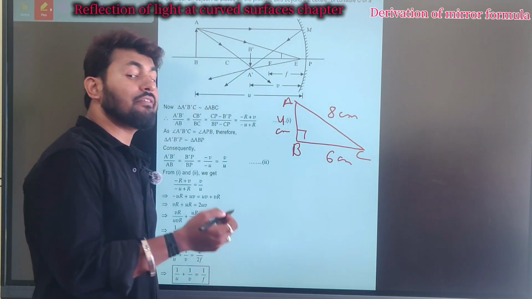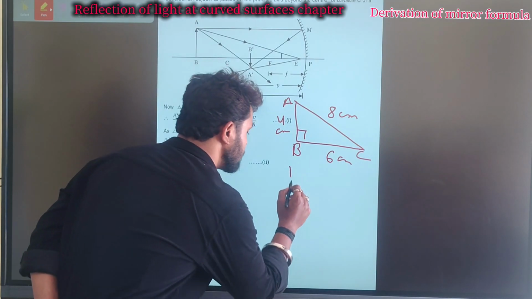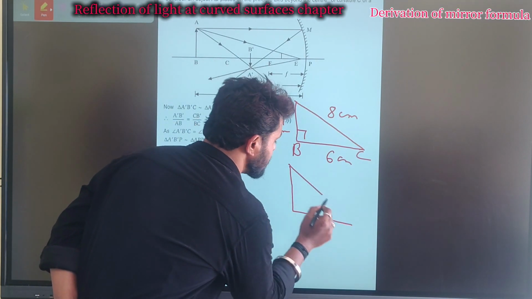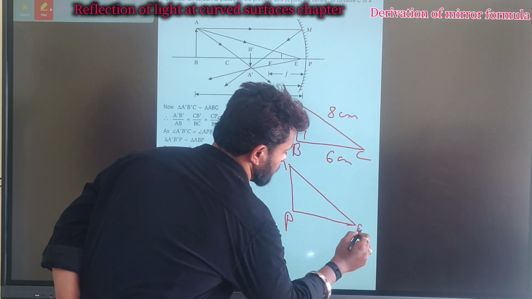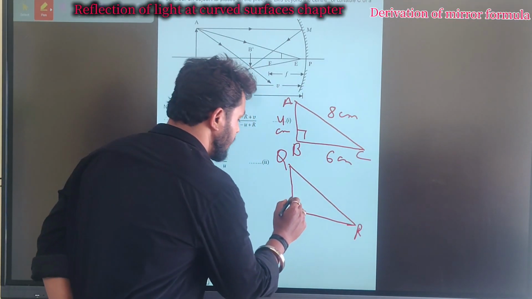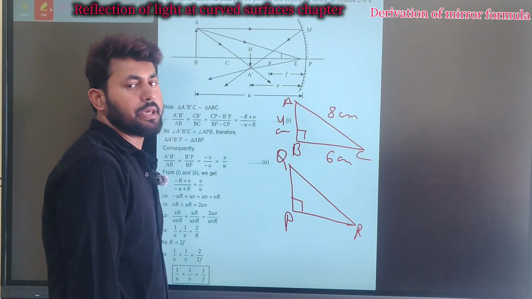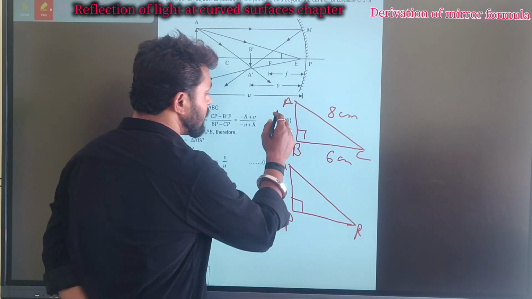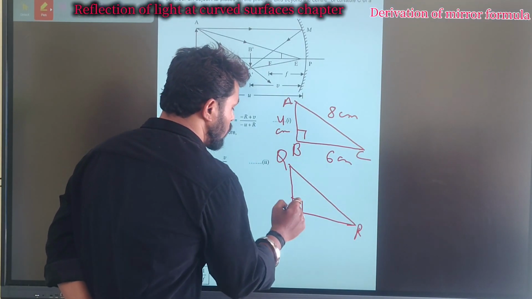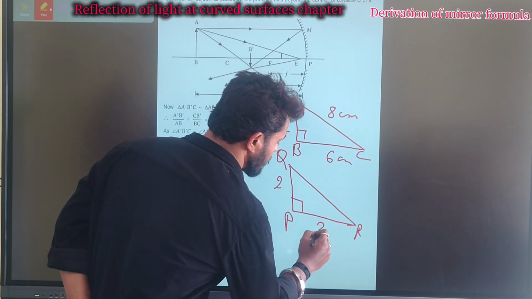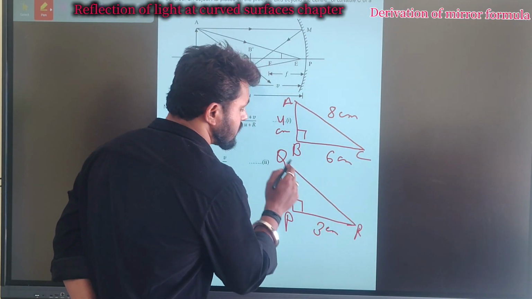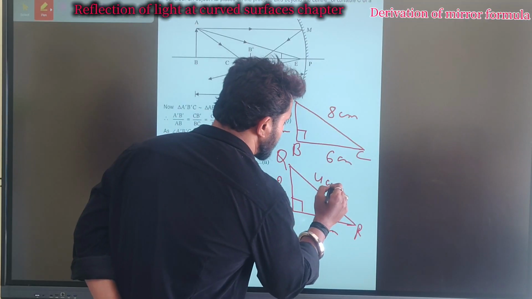Now I have another triangle PQR, right angled at P. Let the measurement of QP be 2 centimeter, PR be 3 centimeters, and QR be 4 centimeters.